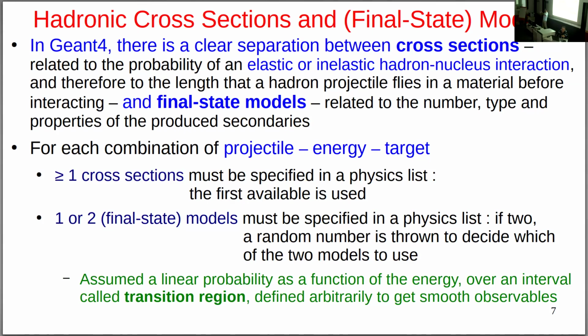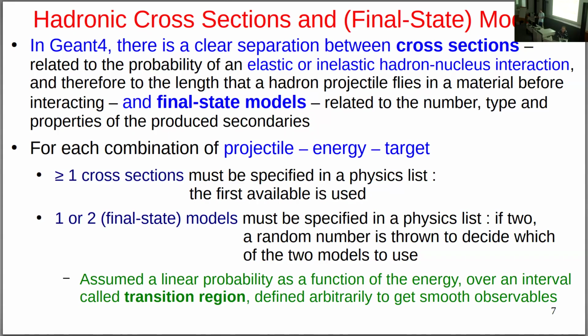If there is one, of course, we use that one. If there is none, it will crash the program because it's not able to produce a final state, it doesn't know what to do. If there are two, only in a certain case, I will come back in a second, then we throw a random number and we decide which of the two models to pick. And I will explain how it works and why we are doing that.